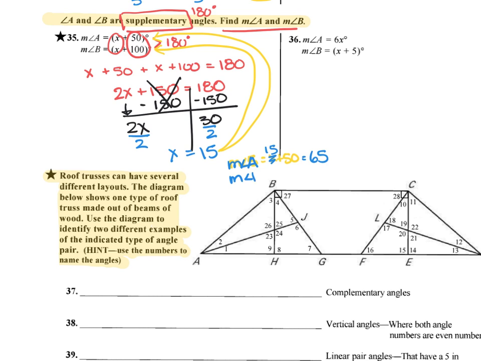And that makes the measure of angle B equal to 115, because again, the total is 180. 180 minus 65 equals 115, or I can plug in 15 right here. 15 plus 100 is 115. Bunch of different ways we can think about that.